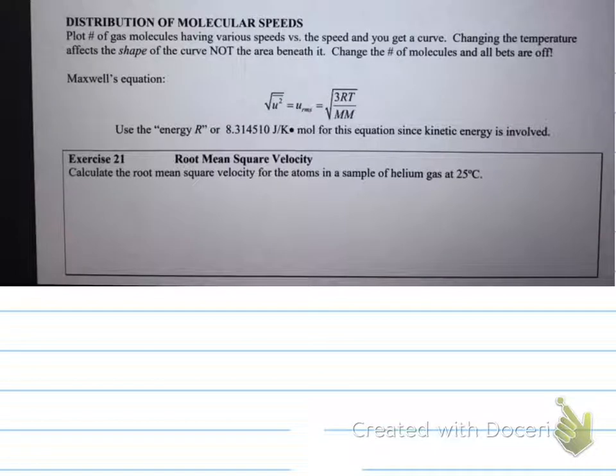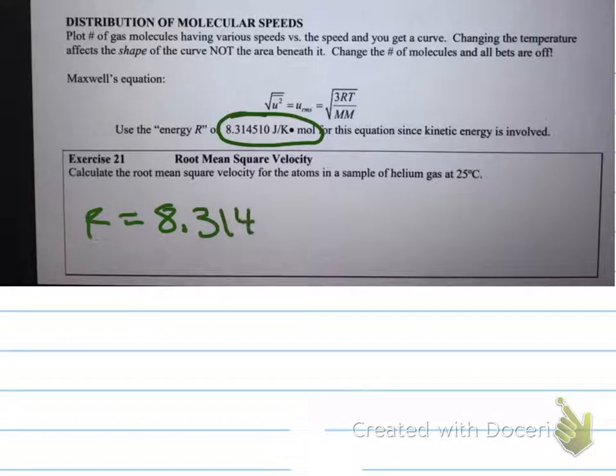So, one last note is this R. We are using a different R, and it has different units. R now equals 8.314510 joules per Kelvin times mole.